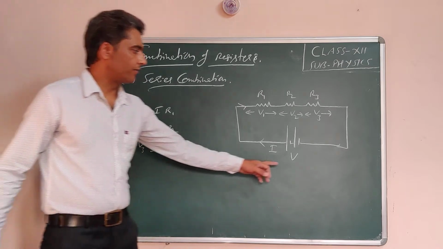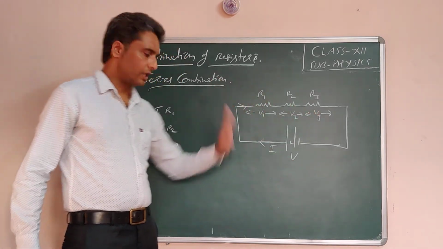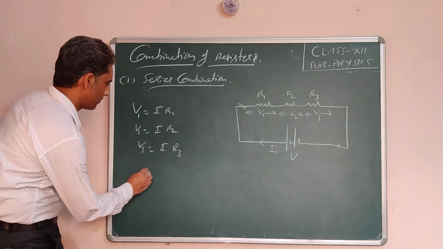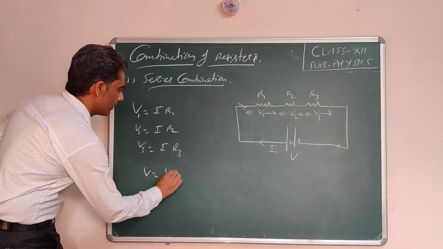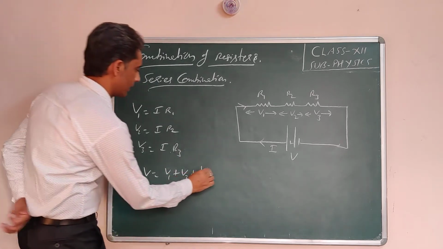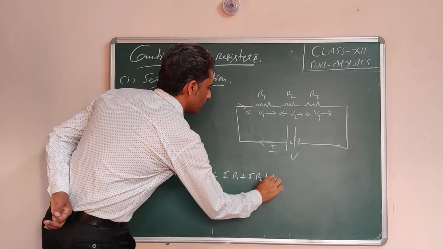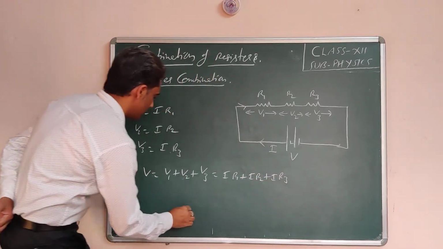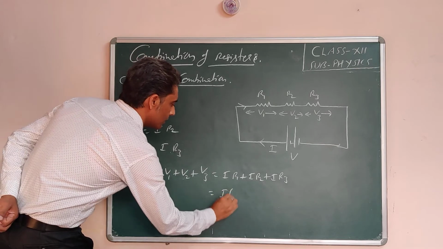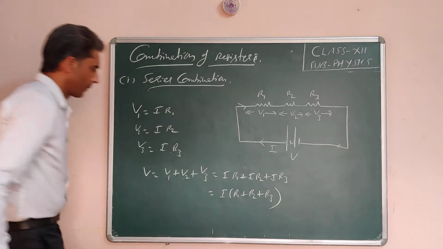Now the applied potential difference is V. This V should be equal to V1 plus V2 plus V3, that is equal to IR1 plus IR2 plus IR3. We can take I common: I times (R1 plus R2 plus R3).